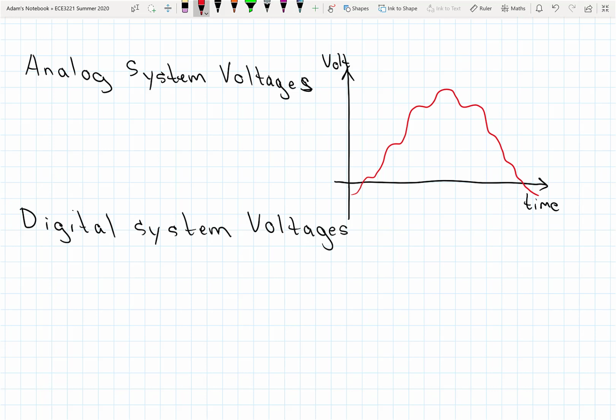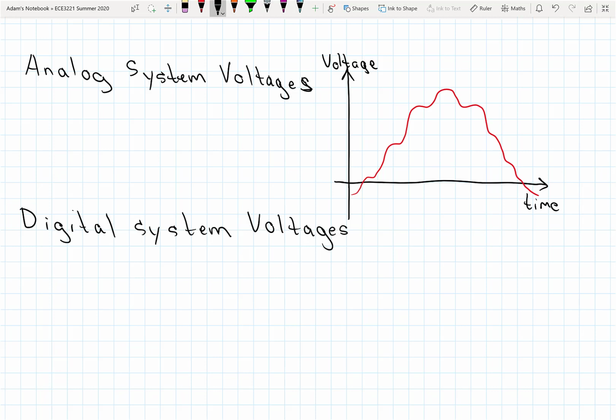So an analog system or an analog value, thinking more generically, doesn't have to specifically relate to voltage. An analog value can occur at any instance in time, and it can take on any value.